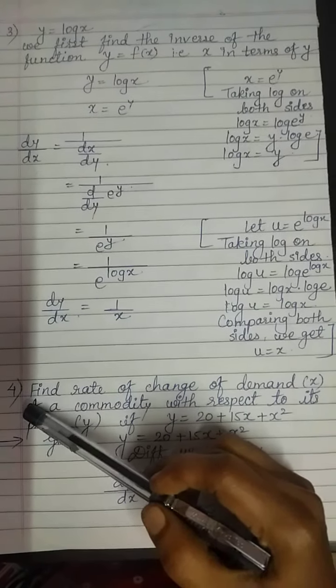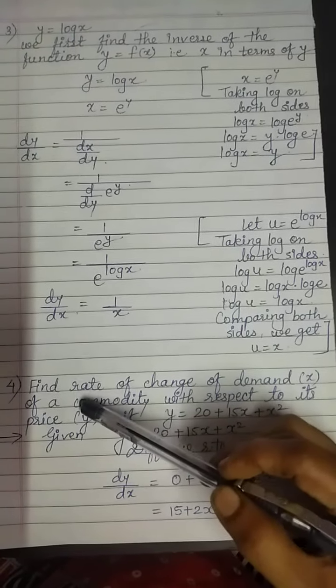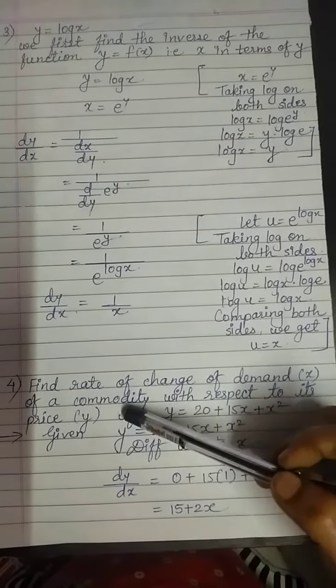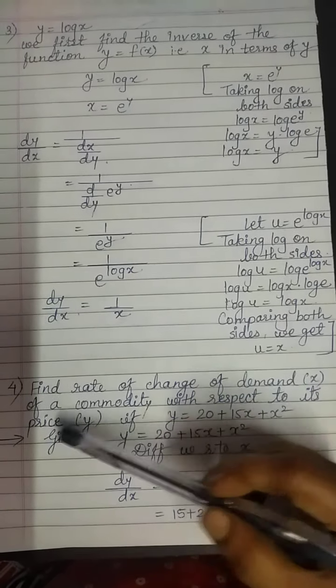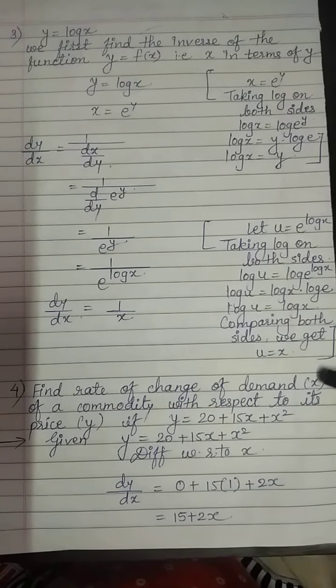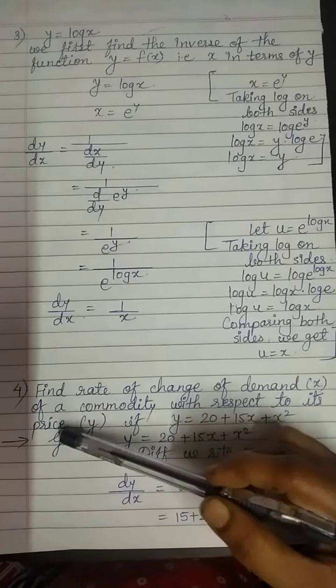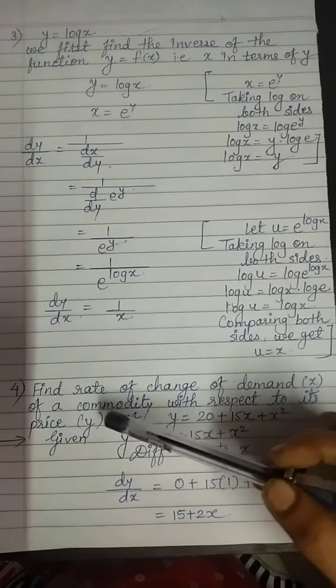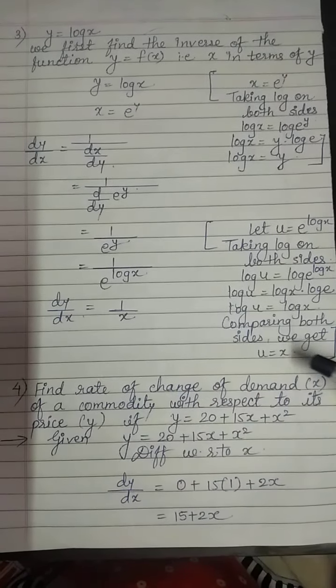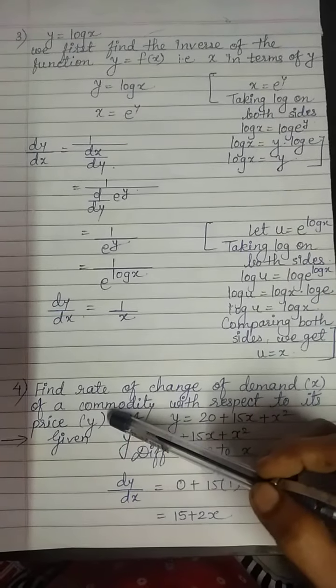Now next question. Find the rate of change of demand of a commodity with respect to its price y. Here demand is considered as x and price is considered as y. And we have been asked to find the rate of change of x with respect to y.